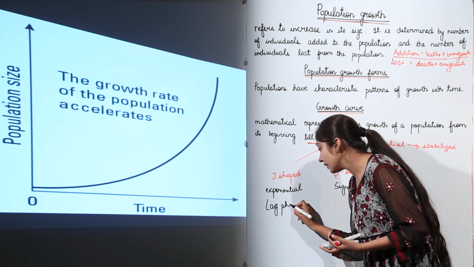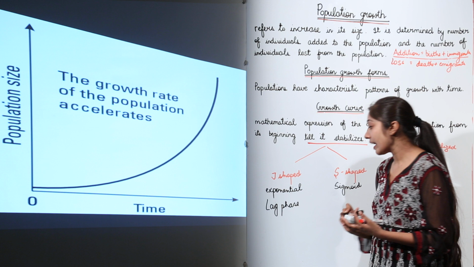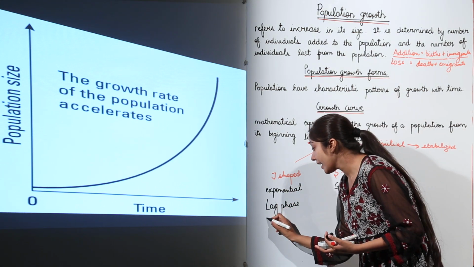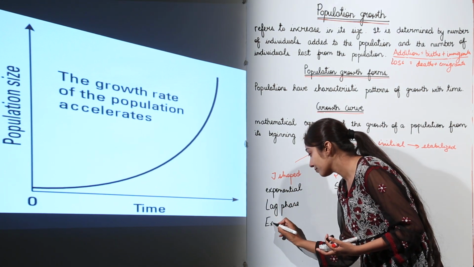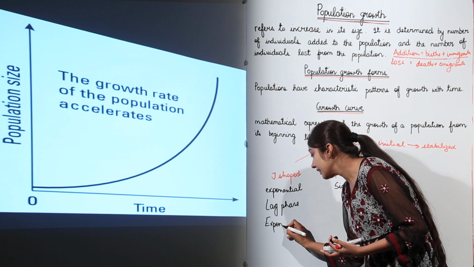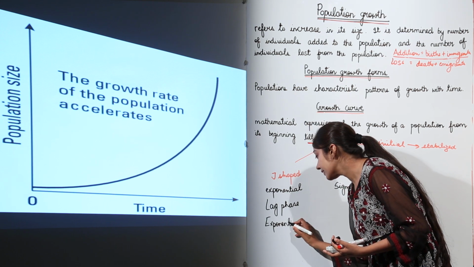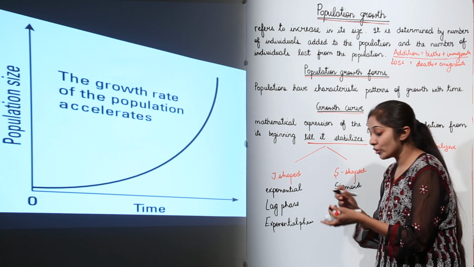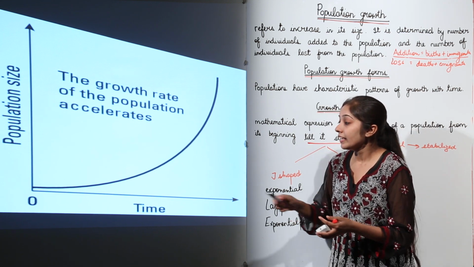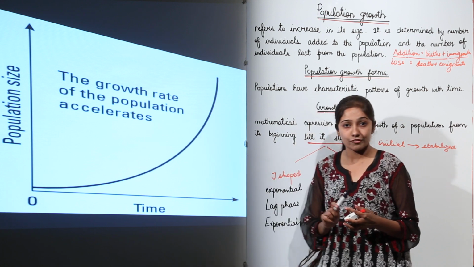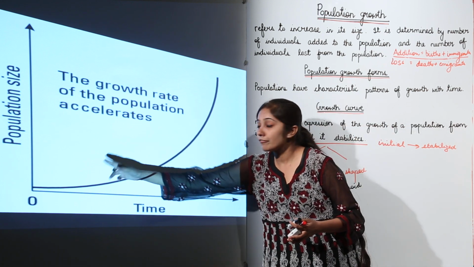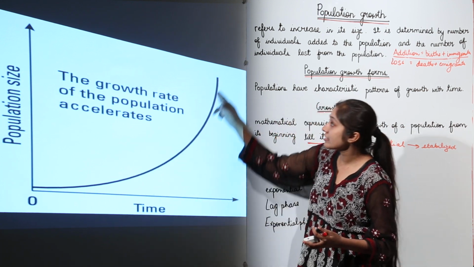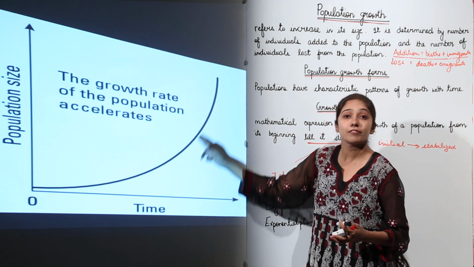First is the lag phase, and the next phase is the exponential phase. You can see in this graph, the initial beginning of the graph represents the lag phase, and this steep part represents the exponential phase.